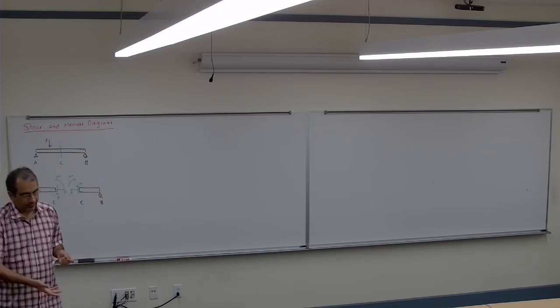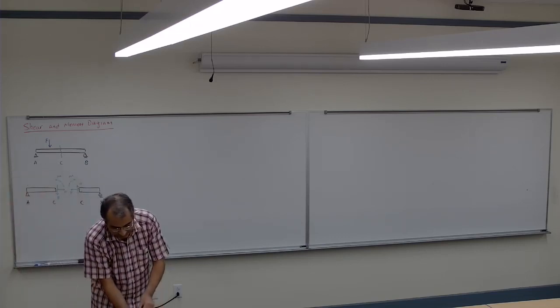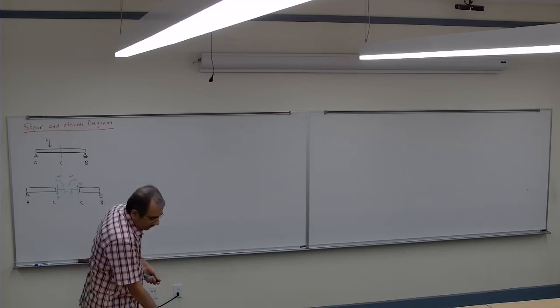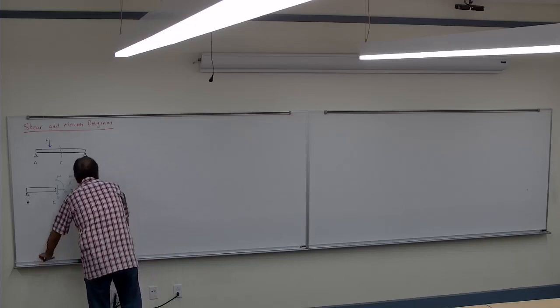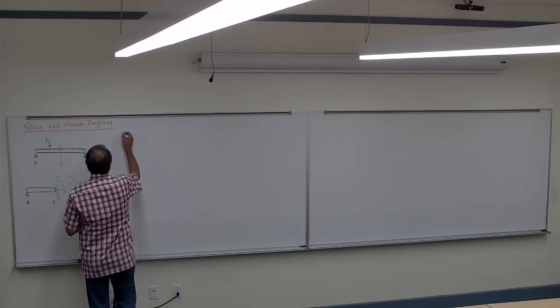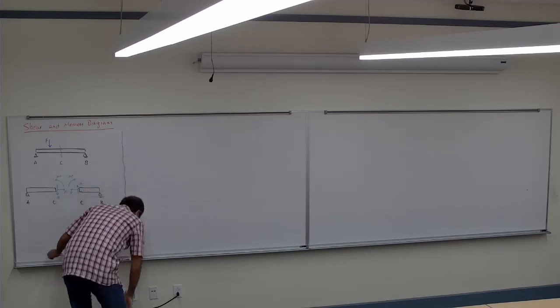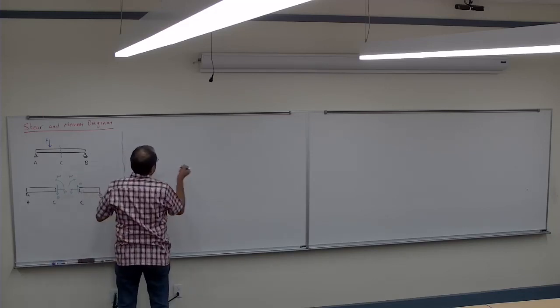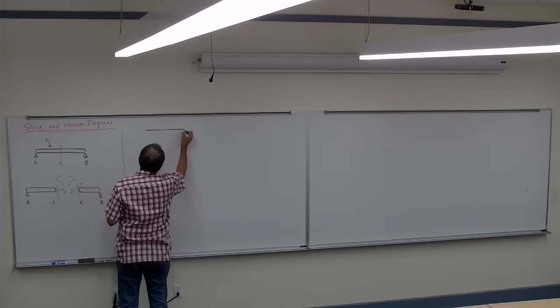The very first simple example is a simple span, simply supported beam, with a force right at the middle of it. The method we are using for this one is the same as almost every method we are going to use.